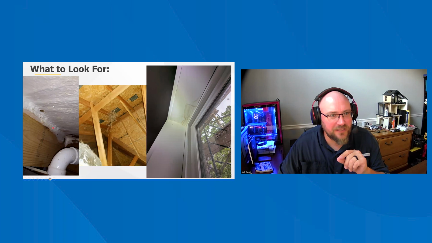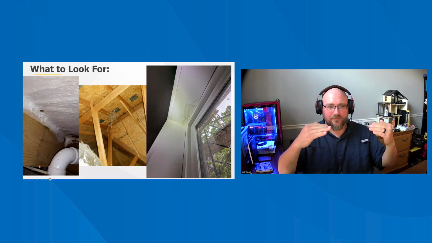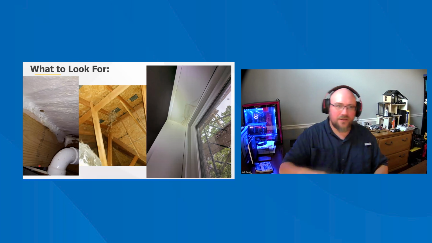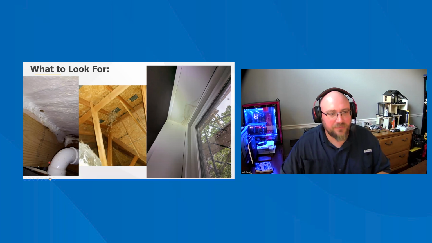This picture over here on the left is a floor bay in a crawl space. I pulled the insulation back, and the kraft face of the paper was on the crawl space side, not on the subfloor side. You can see the plumbing joint here. This plumbing drain had a leak on it.